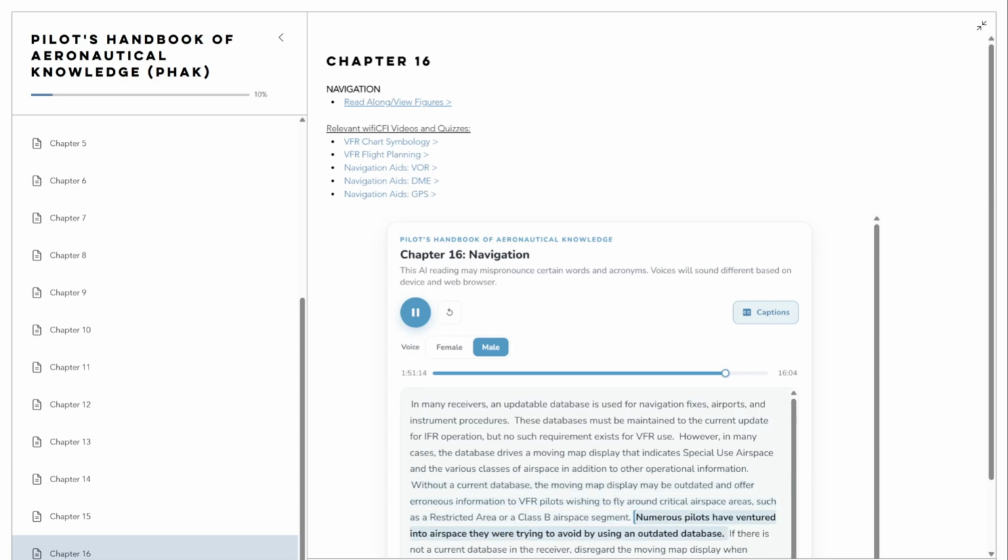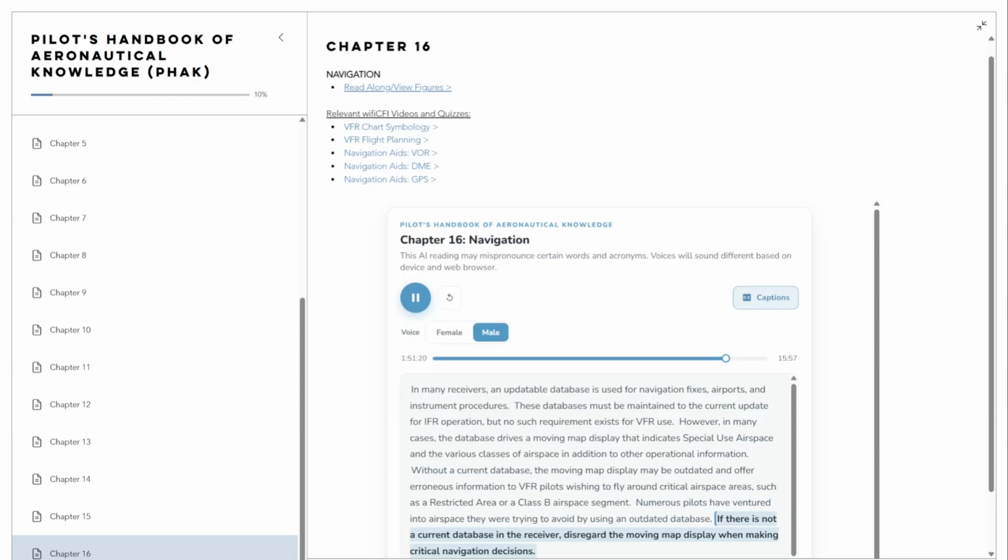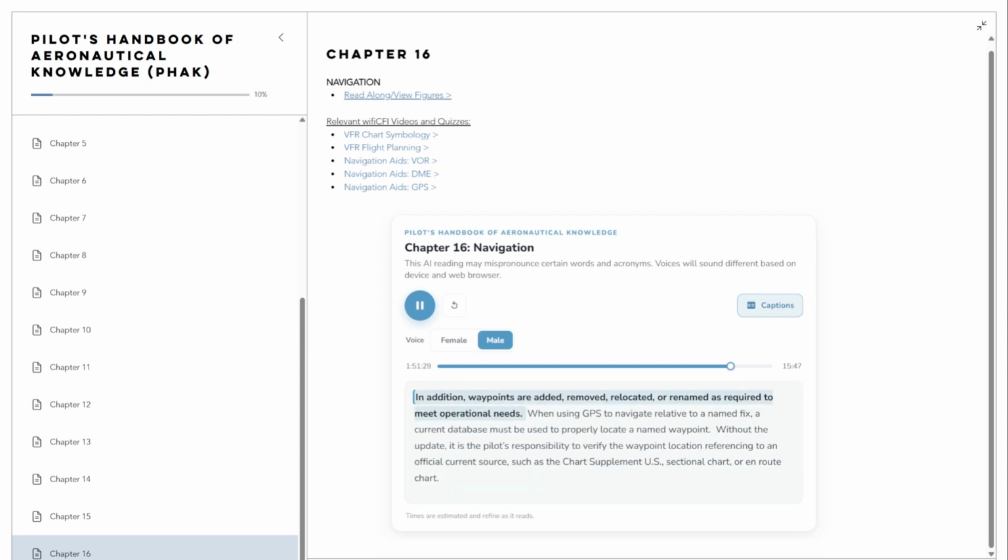Numerous pilots have ventured into airspace they were trying to avoid by using an outdated database. If there is not a current database in the receiver, disregard the moving map display when making critical navigation decisions. In addition, waypoints are added, removed, relocated, or renamed as required to meet operational needs.